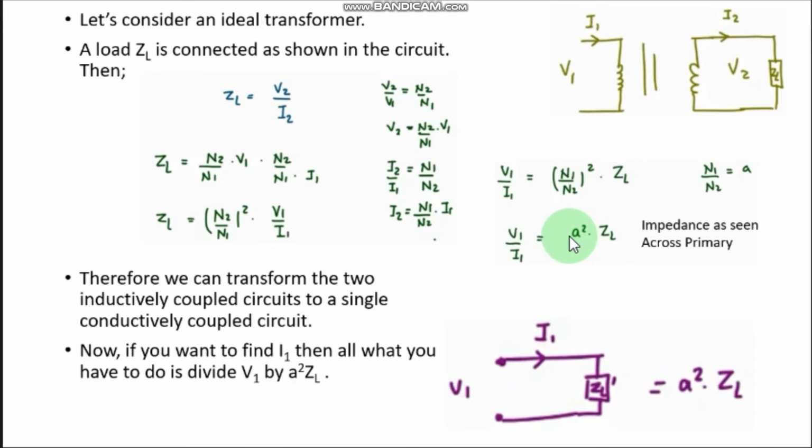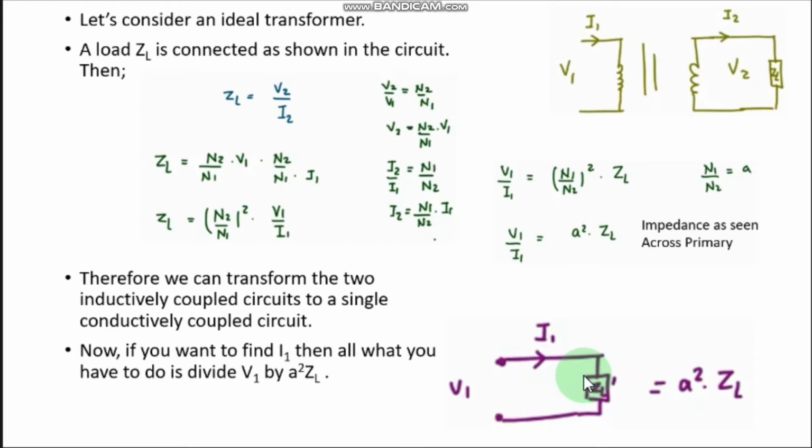Turns ratio is N1 over N2, the number of turns in the primary side divided by the number of turns in the secondary side, is A. So you multiply whatever the impedance on the secondary side by A squared, and then you can put it in the primary side.